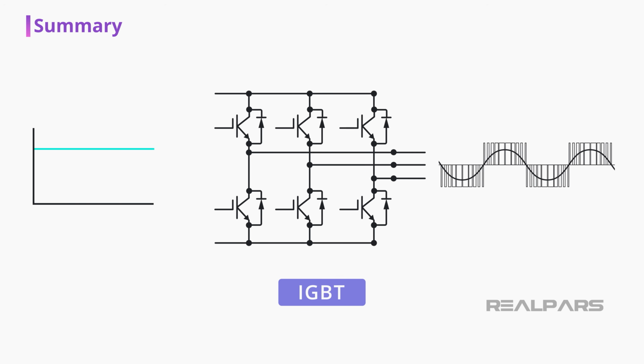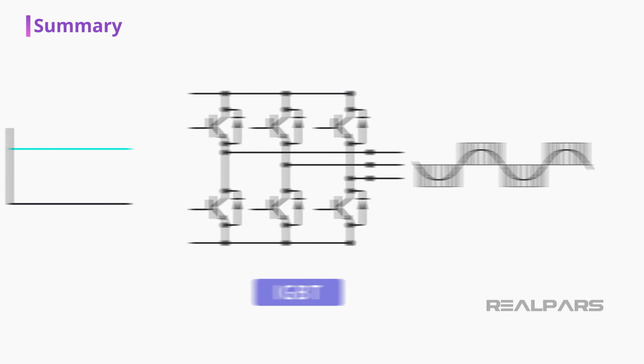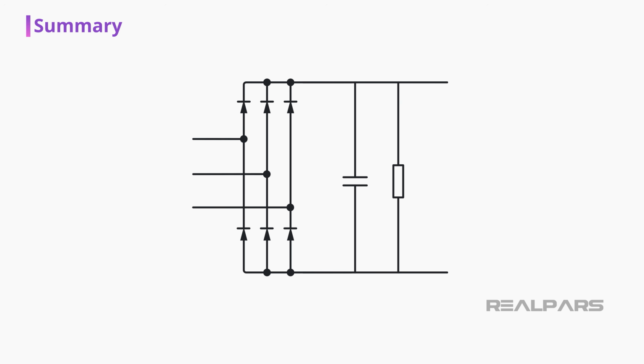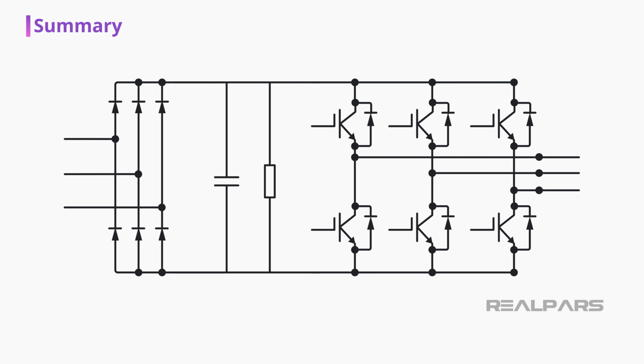And the IGBT module, composed of transistors, converts the DC back to AC. Today, we covered in detail the converter and the DC link. Part 2 will cover the IGBT module and how PWM allows for AC output to the motor for precise motor speed control.